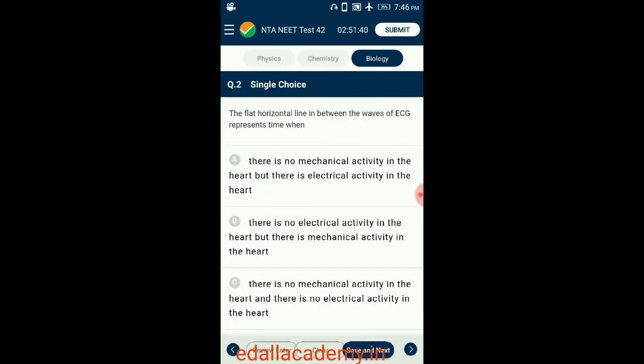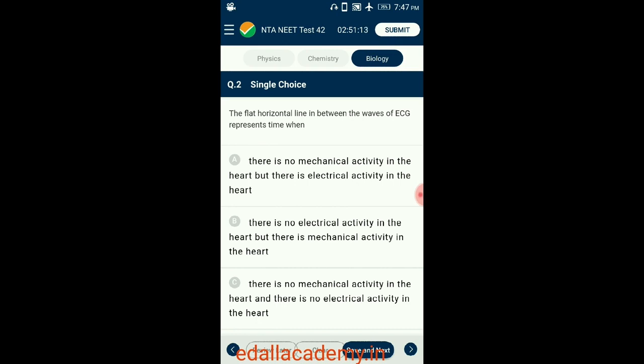Question number 2. The flat horizontal line between the waves of ECG represents the time when. The electrocardiogram, ECG, has a P wave, QRS complex and T wave. The P wave is an upward wave and indicates atrial depolarization. QRS complex indicates ventricular depolarization. T wave is an upward wave and indicates ventricular repolarization.